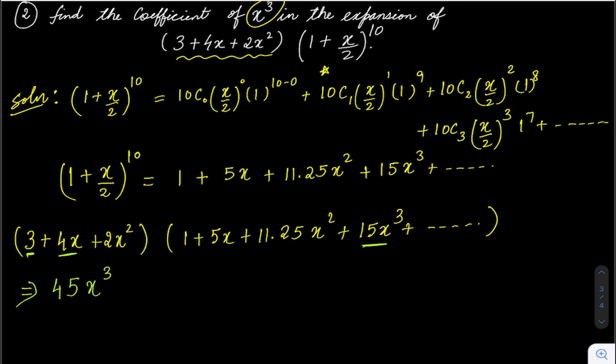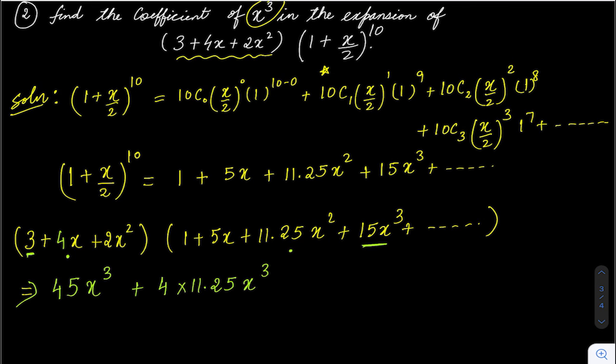So when this 4x, okay, let me draw a point. 4x will get multiplied with this 11.25x square. Then only you will get x cube. So x into x square is x cube. So when this 4 is multiplied by 11.25, it will give us x cube.